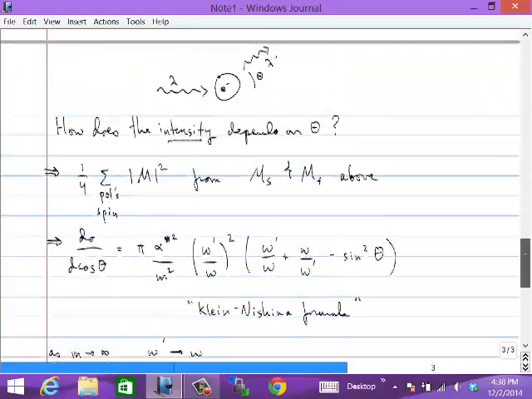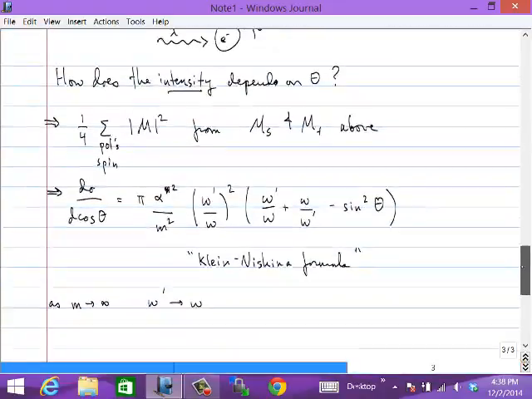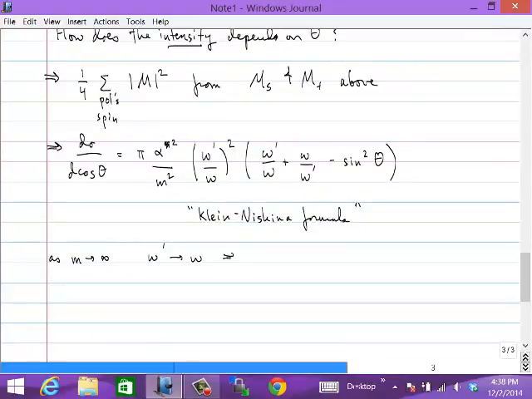So that's something that you can just see from this formula here, that as m goes to 0, omega, the wavelength of the scattered photon, doesn't change very much. And so the formula for the scattering cross-section becomes simpler, and you get a result which is known as Thompson scattering.